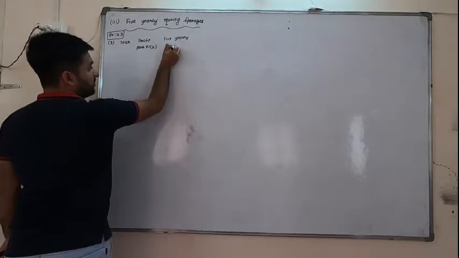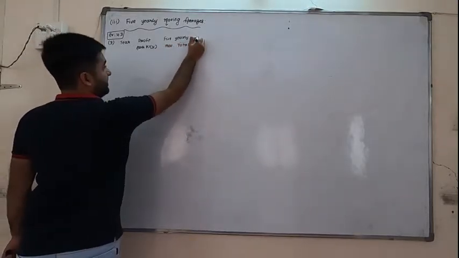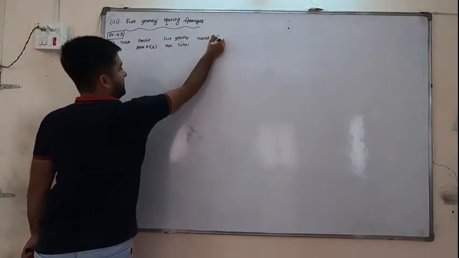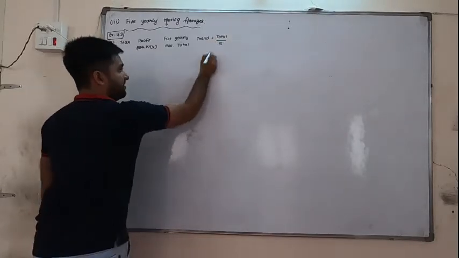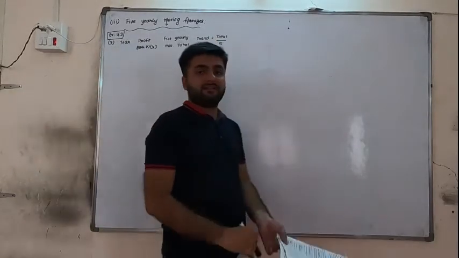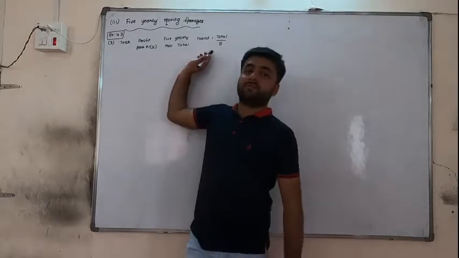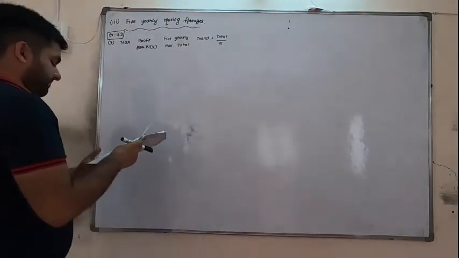And next column, trend, will be total divided by 5. Don't think always 3 will come, don't by heart. Here it is 5 years total, so total will be divided by 5.